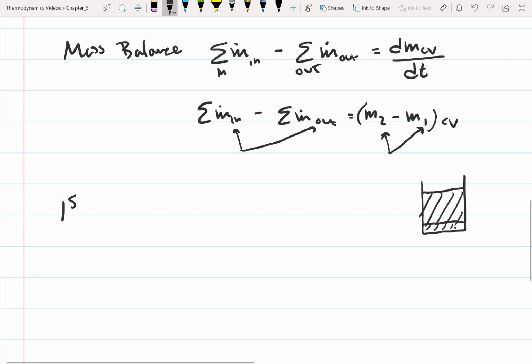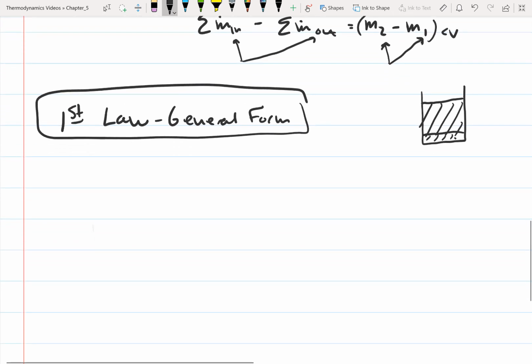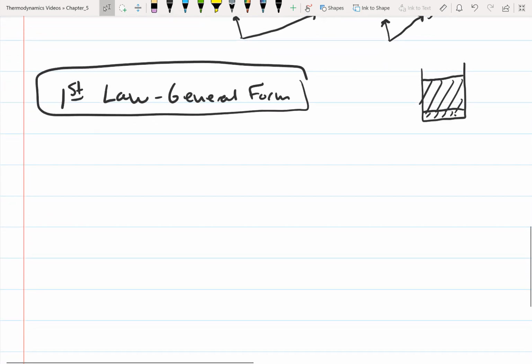Okay, so now let's look at the general form of the first law. This was previously derived in the video on the general first law energy balance for open system problems. I'm just going to write down the equation that we had derived, and then we're going to look at how we can use it practically to solve some problems.